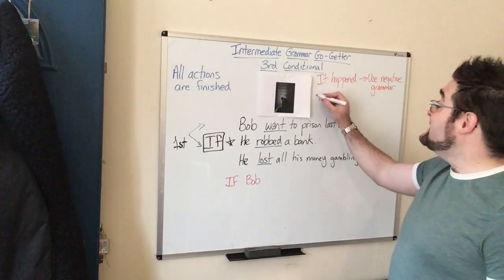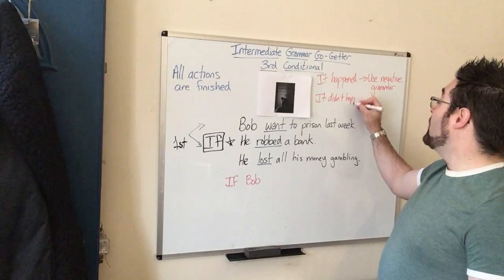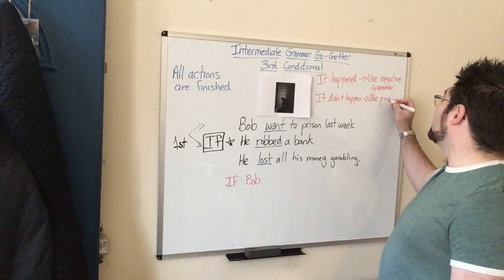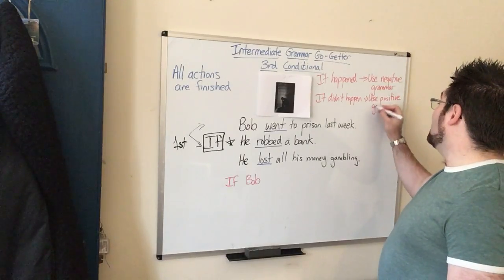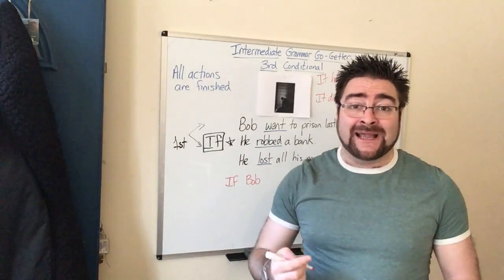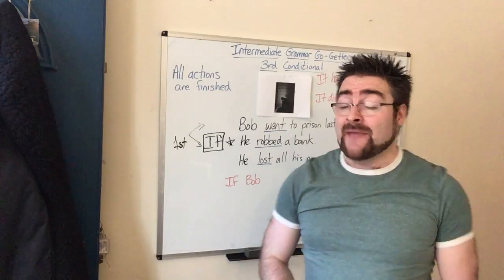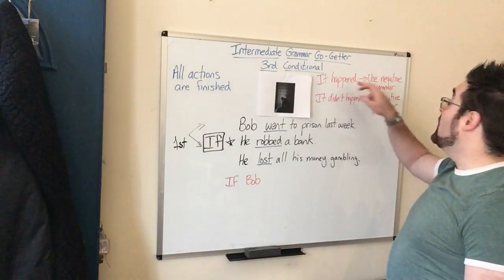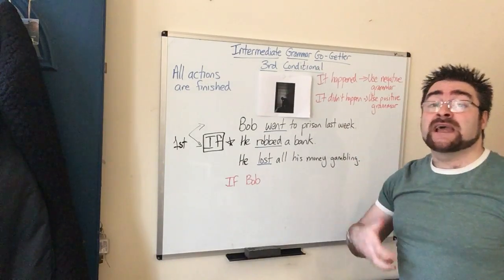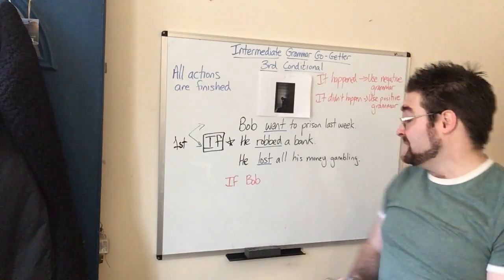Okay, and if it didn't happen, we use positive grammar. What we're saying in this case is that Bob robbed a bank. Imagine that the past was different. And that's why if we are saying something happened, we are saying imagine it didn't happen. If something didn't happen, we're saying imagine it did happen. So you've got to make sure that you change that.